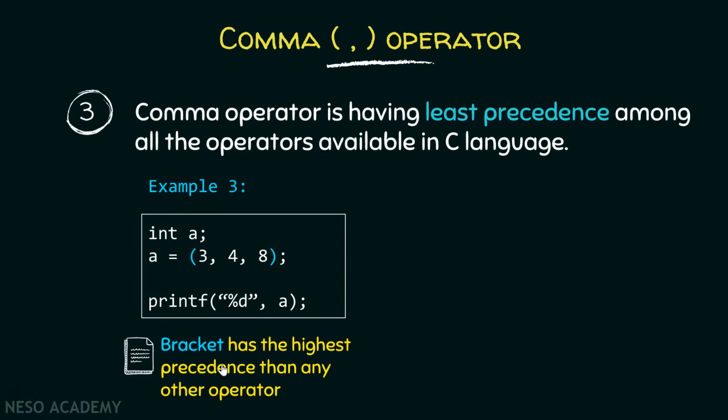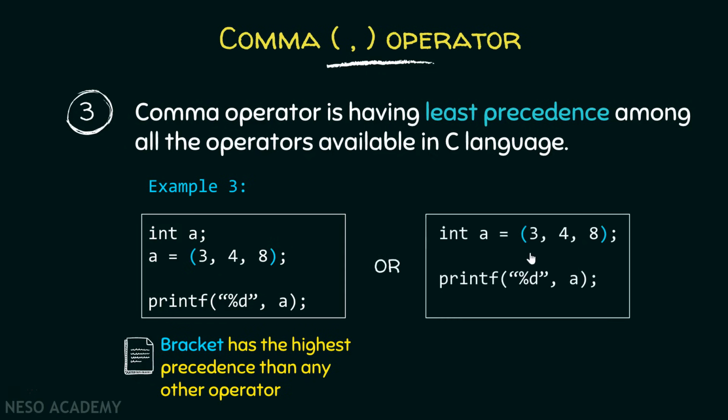Brackets have the highest precedence than any other operator, therefore this will get evaluated first and then after that assignment operator will be evaluated. We can also write this program in this way as well and there is no problem. It will not produce an error because comma operator here will be treated as an operator and not a separator because of the brackets. Therefore, the final output of this particular program is 8.